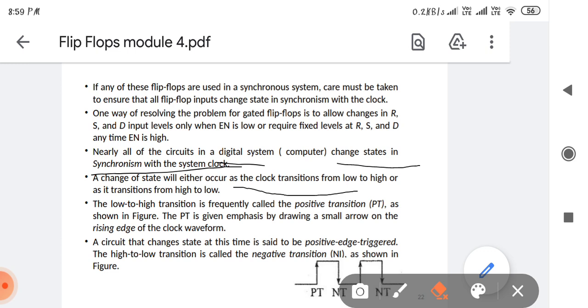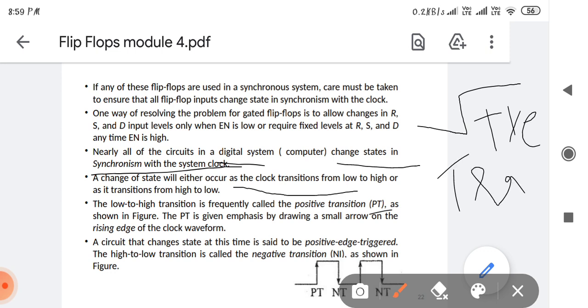The low to high transition is frequently called a positive transition. The high to low transition is a negative transition. The positive transition is emphasized by drawing a small arrow on the rising edge.